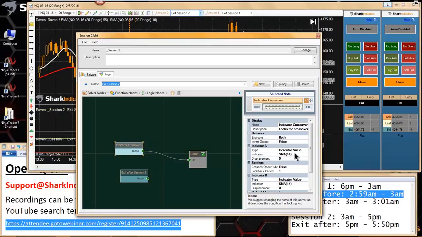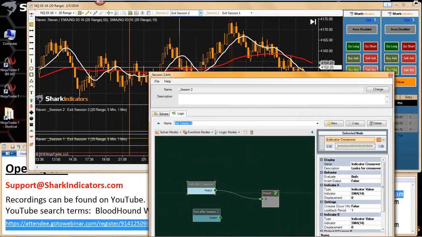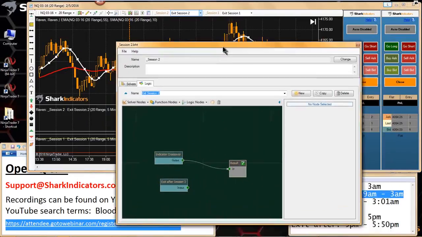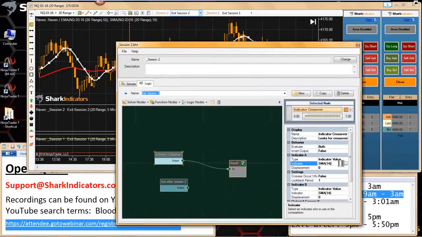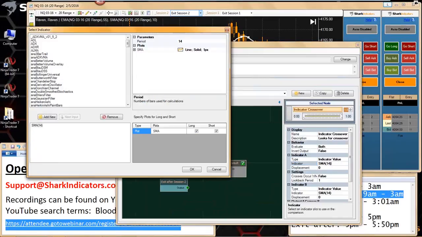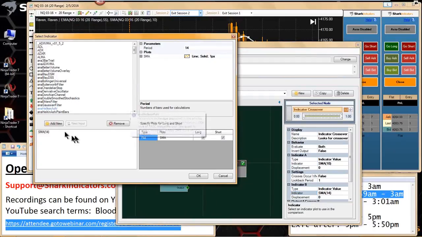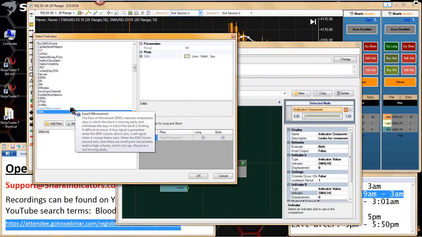Let's see, I'll just use these moving averages that I already have on the chart. EMA 50, okay. What I've got on the chart is an SMA 10 and an EMA 55.